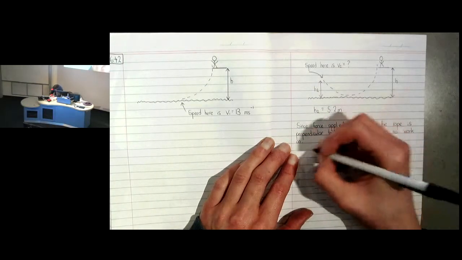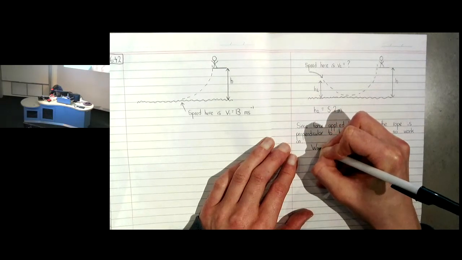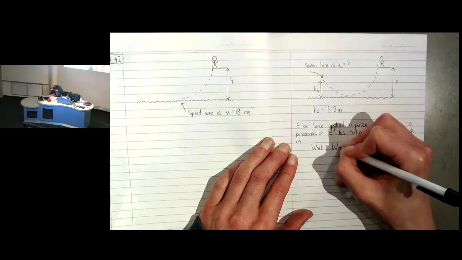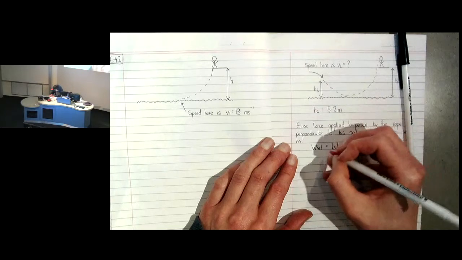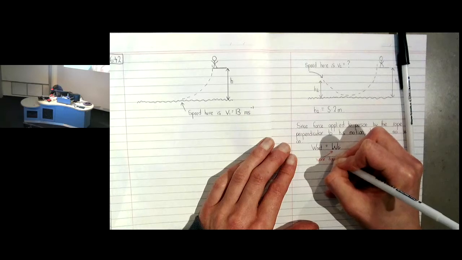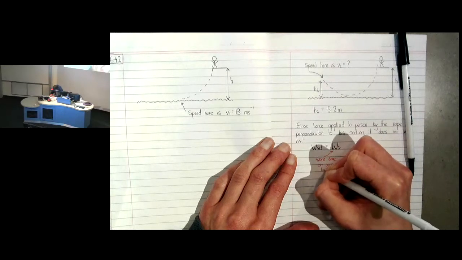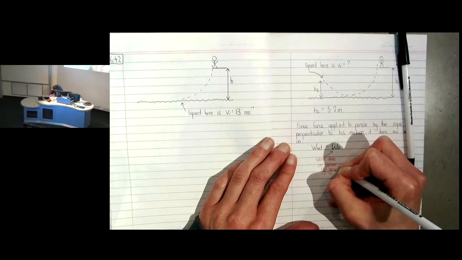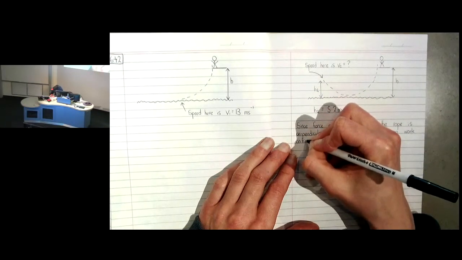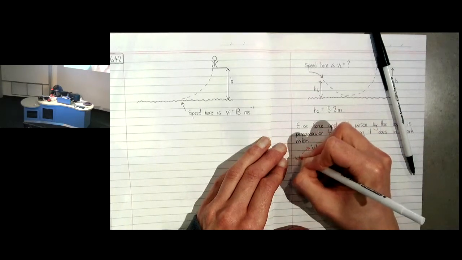And so in that case, the net work on him is just equal to the work done by gravity. So this is work done on the person by gravity, and this is the net work on the person.